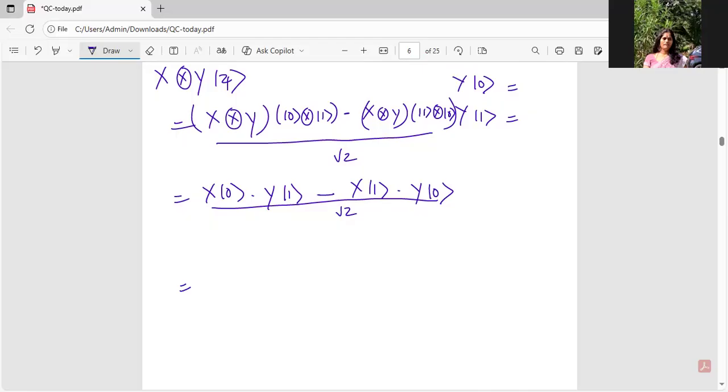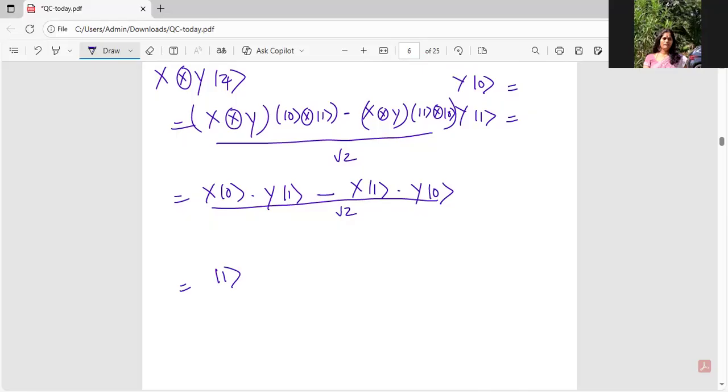Of course, we can put it in tensor product only. So I can write this as ket 0, ket 1.